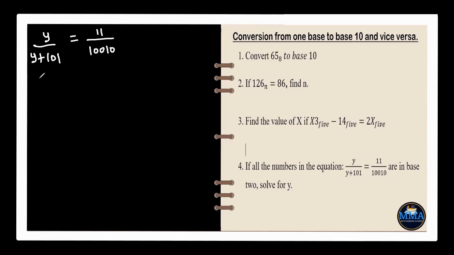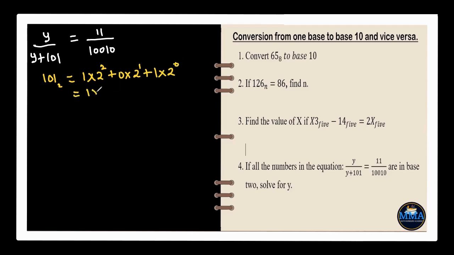So first, let us check what 101 base 2 is in base 10. We use the expanded method, that is 1 times 2 raised to power 2, plus 0 times 2 raised to power 1 plus 1 times 2 raised to power 0.